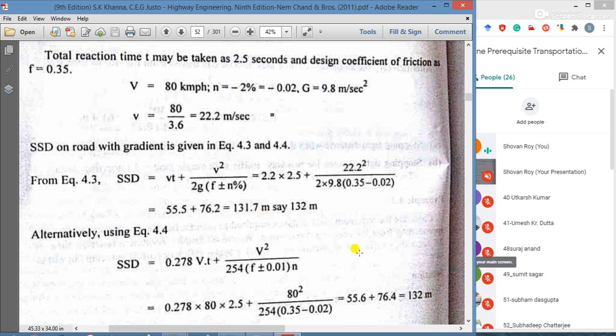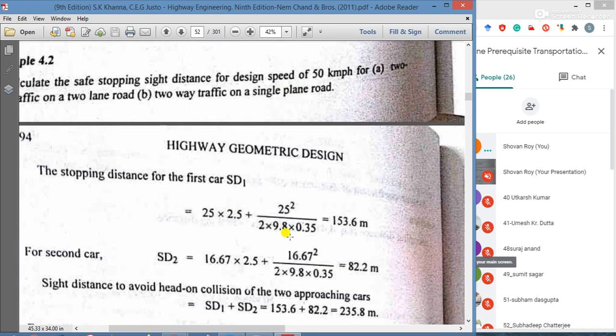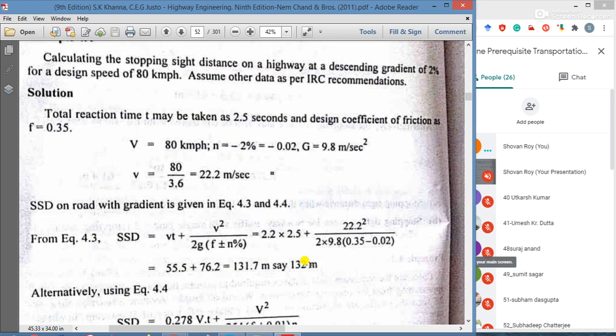Basically you need to keep in mind the formula Vt plus V square by 2gf for normal condition. But when a slope, ascending or descending gradient, is introduced, you have to use the formula Vt plus V square by 2g times (f plus or minus n%), where n is the slope or gradient.